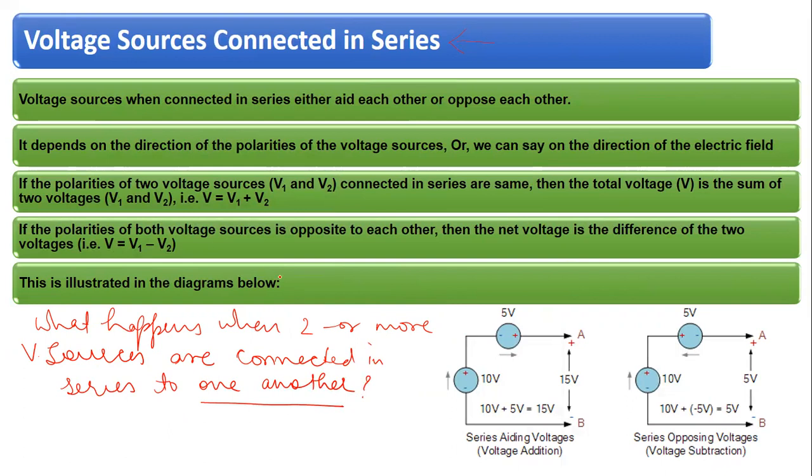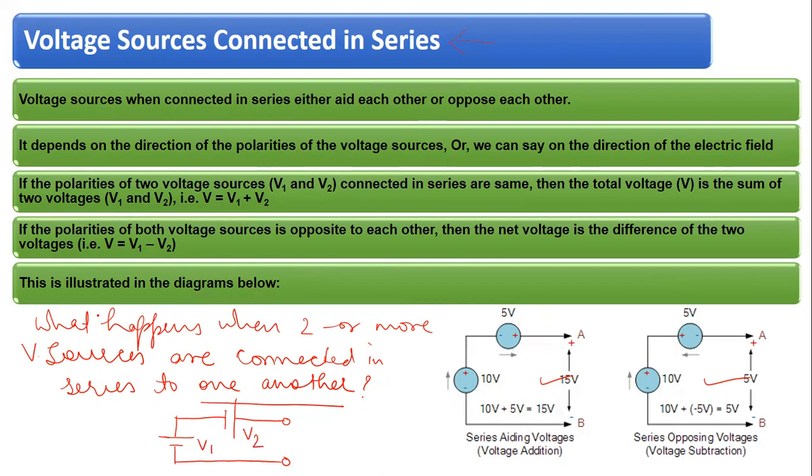Now the answer to this question is that when you connect the voltage sources in series with one another, there are certain ways how the voltage sources are connected. Let us take one example here, and it is also shown in the diagrams. Let us say you have a voltage source V1 and you have a voltage source V2.